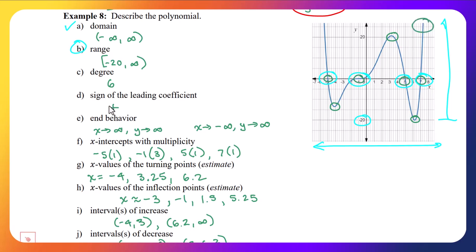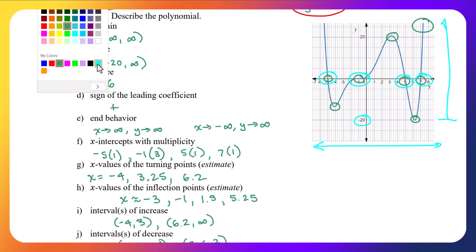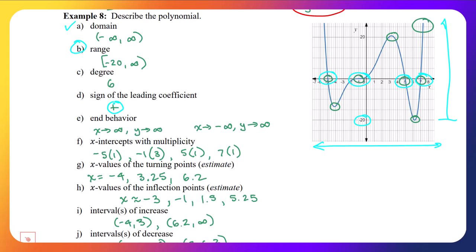Since the right hand goes up, the sign of the leading coefficient is positive. So the end behavior, the right goes up, and the left also goes up. Left and right is x, up and down is y.